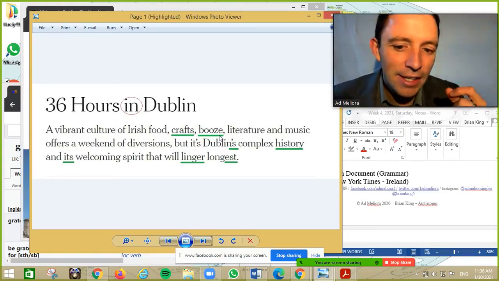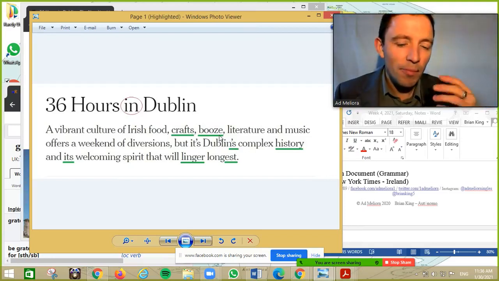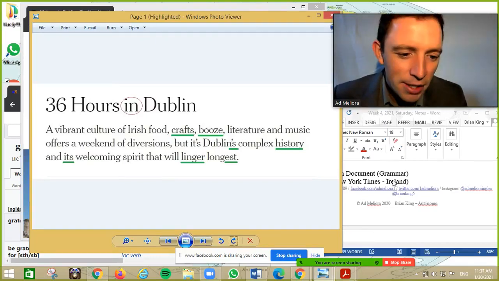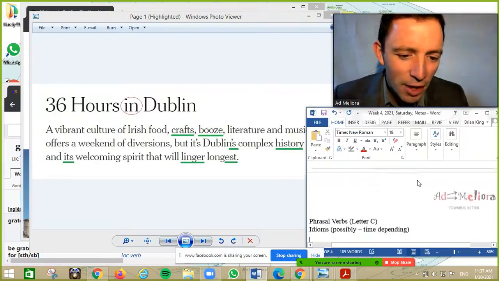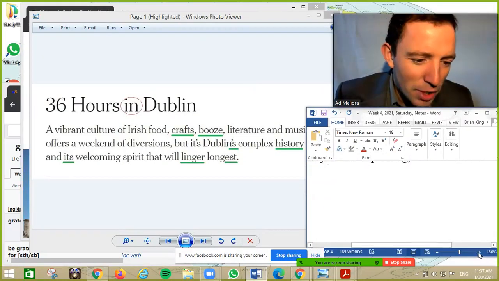Okay, and there is a verb, informal. To booze is to drink alcohol. Very informal. And also a boozer is an informal expression for a pub. Okay, so I'm going to show you my notes here on the right, just to keep the notes, and later I will put the notes from the video in a comment on Facebook.